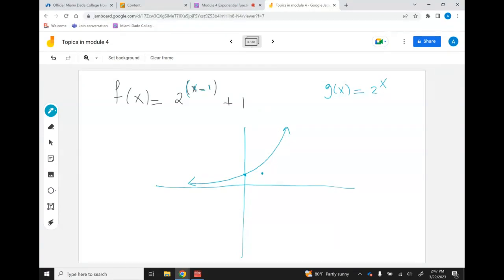There it is. Then I'm going to move this point 1 unit up. So now I have a shift. And that will be my shift. I shifted 1 unit to the right and 1 unit up, just like you have done before in module 2.